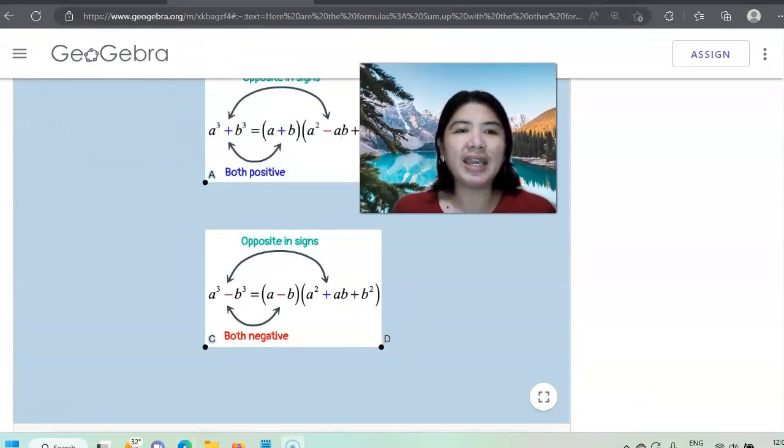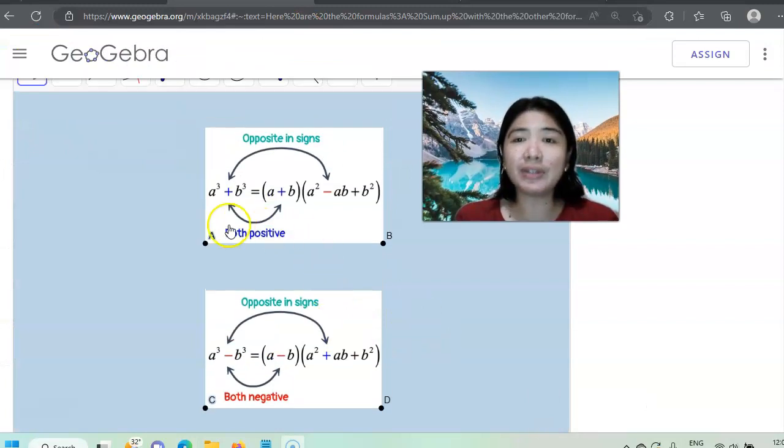For the factors of the sum of two cubes, same sign, opposite sign, and then always positive. And then the difference of two cubes, same sign, opposite sign, always positive.